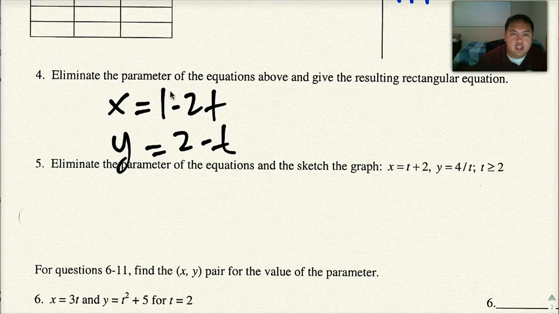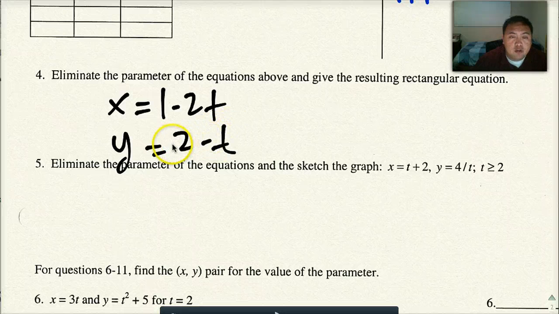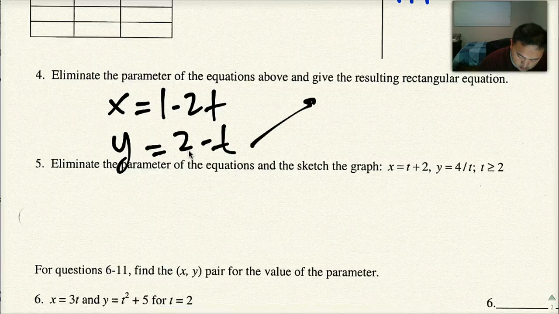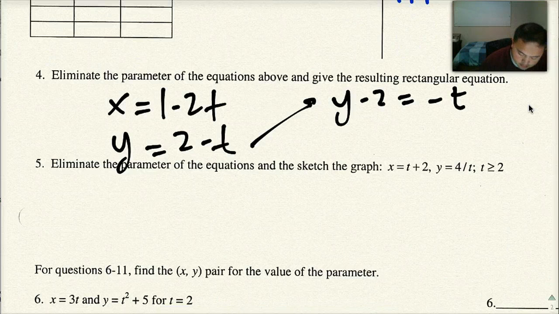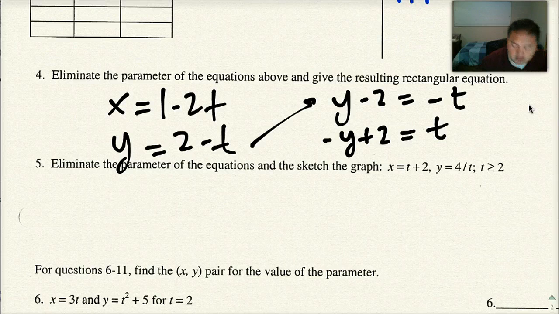Because t is by itself, this looks like the easier one to solve for. So I'm going to subtract 2 from both sides. I almost have t by itself, but I have this negative, so I'm going to multiply everything by -1 to give me t by itself.